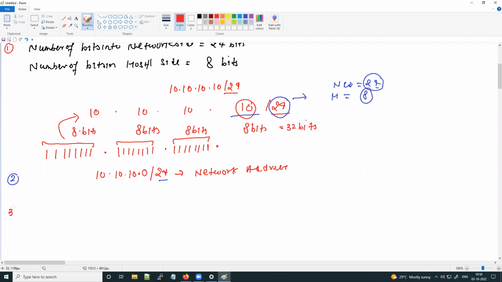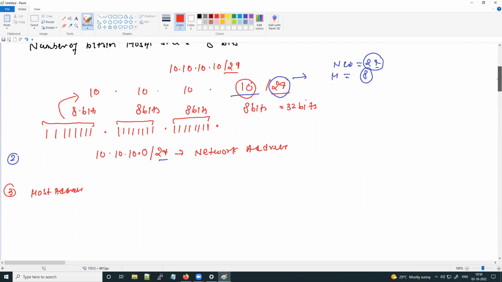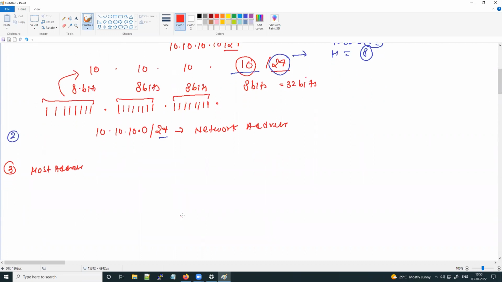The third point is the host address. The host address cannot be written without the network address. It's similar to the STD code and subscriber number.